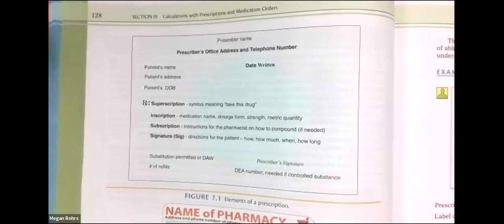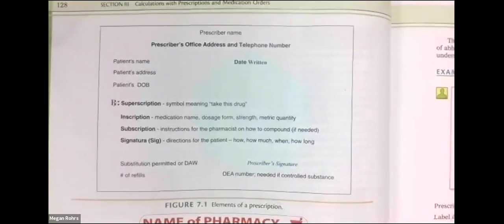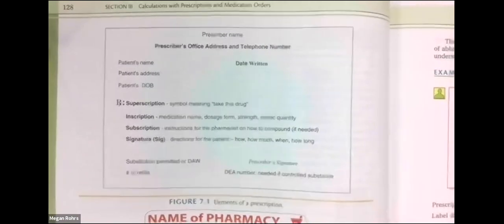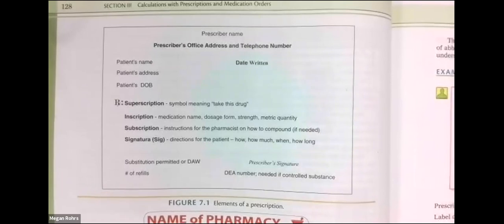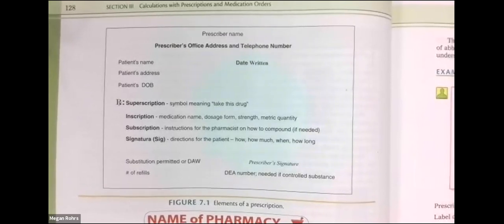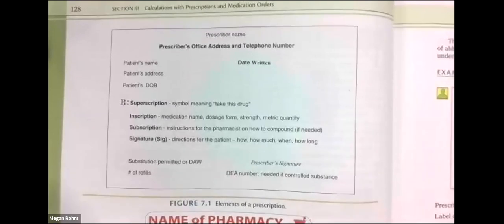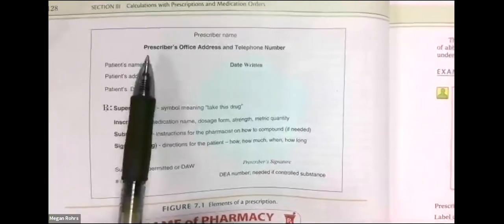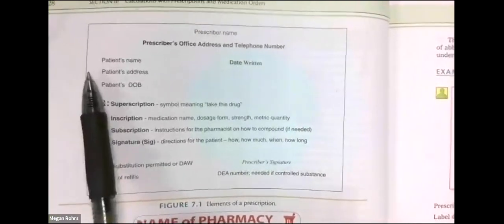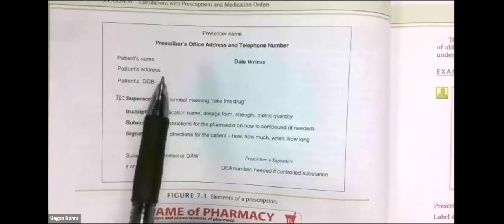But regardless, this is the general layout of a prescription. We always have at the top the doctor's name and their location, so where the prescription is coming from, the date that the prescription was written, the patient's name, and their other information here, address and sometimes the phone number as well.